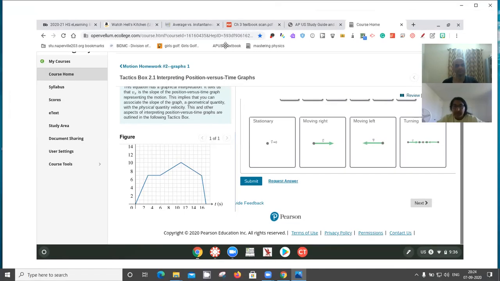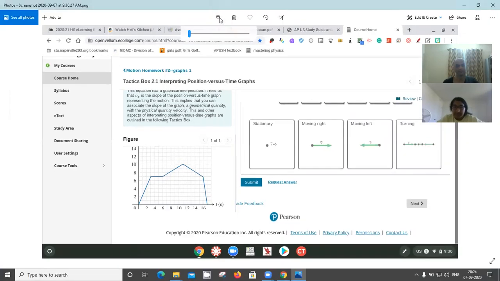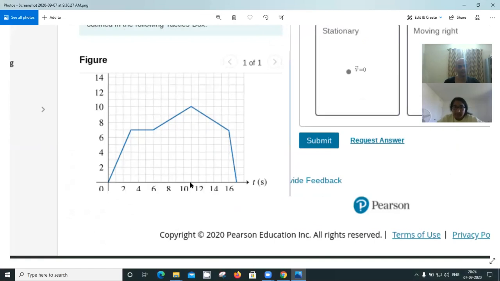You just have to match it up. 11 seconds is just here. What is happening here? It's turning around, because before 11 seconds the x is increasing, after that x is decreasing. So it's turning around.